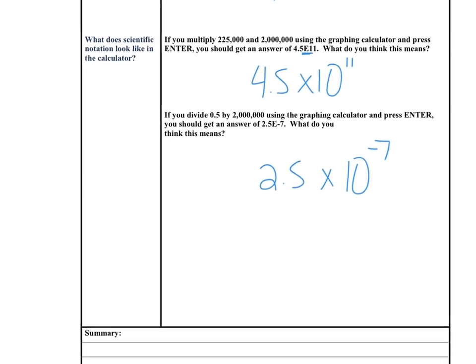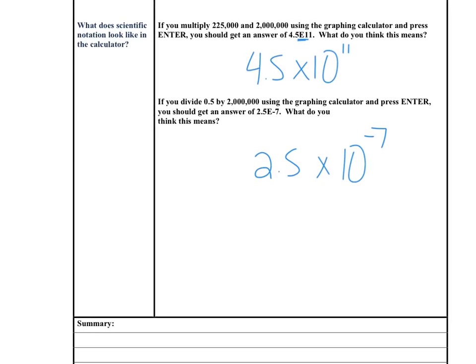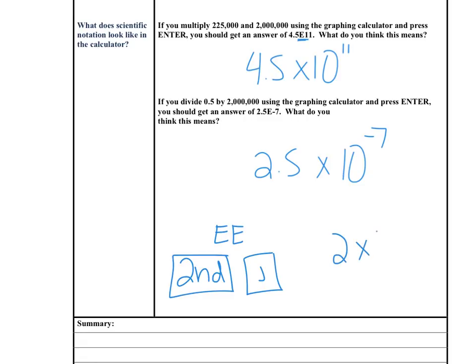The way that you can type scientific notation into your calculator is you'll see the button that says EE and it's in blue above the comma. So you have to push the second button and then the comma button. And it would type, even though it says EE, it only types in one E. So why don't you practice typing in 2 times 10 to the 4th?